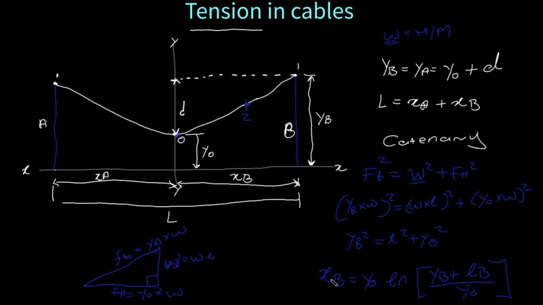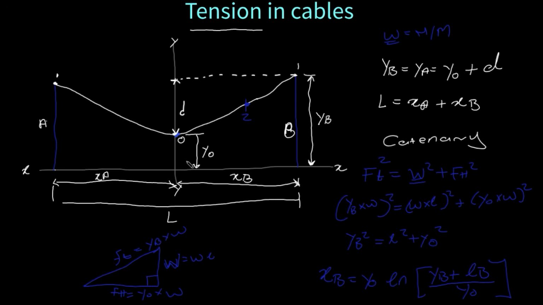We're calculating for XB. So if it was XA, then here it will be A and the length will also be length of A. In this case, it's not going to make a difference because they are equal. But if you are given a question with two supports that are of different size or different height, then it is going to make a difference. So it's very important that you understand what goes in here according to what you are calculating for.